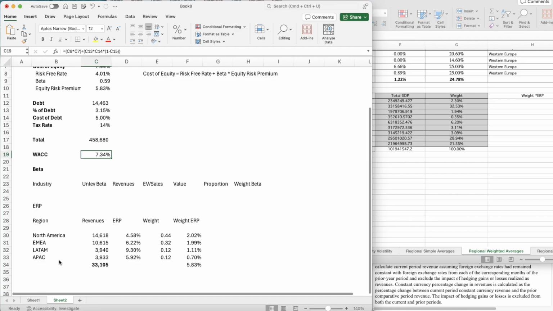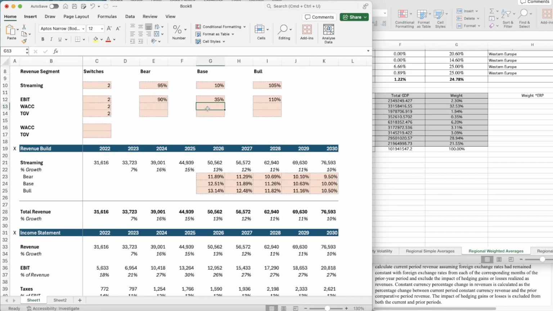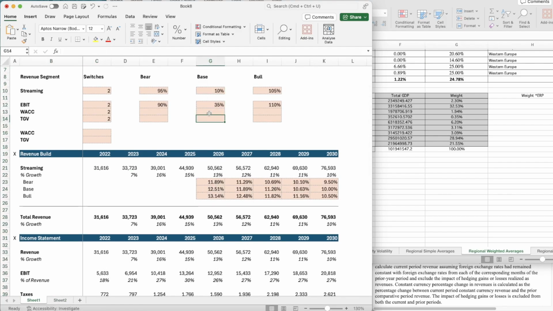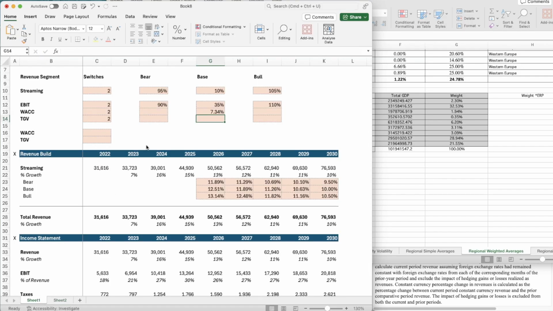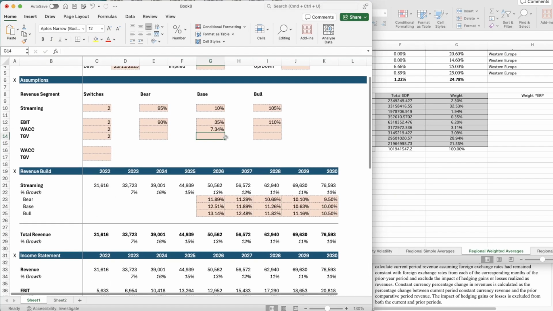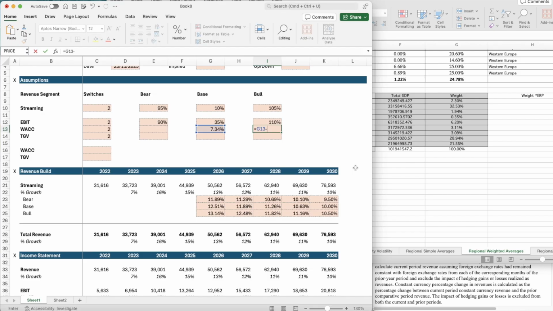Now come back onto the other sheet, and put this cell, the base WACC cell, equal to the WACC we just calculated. For the bull case, you subtract 0.5%.